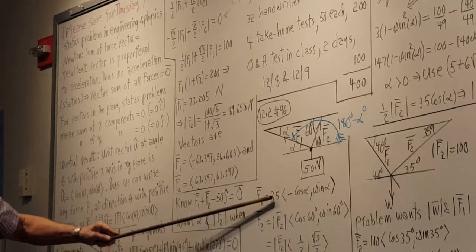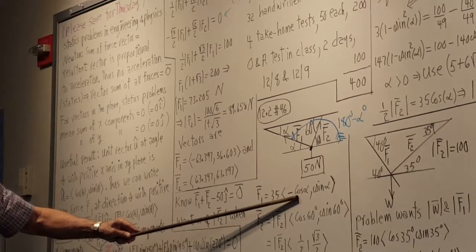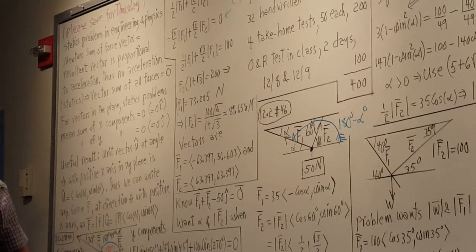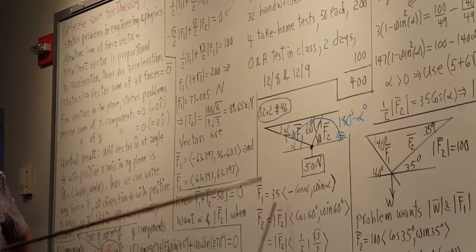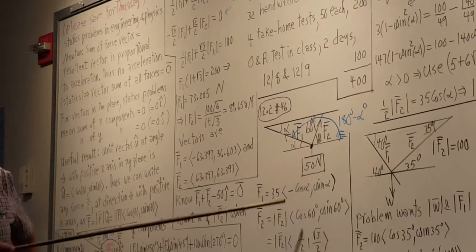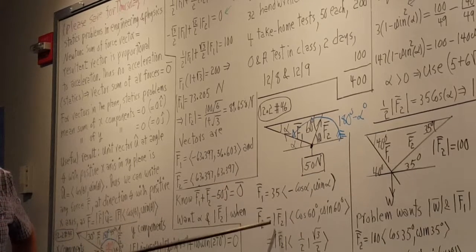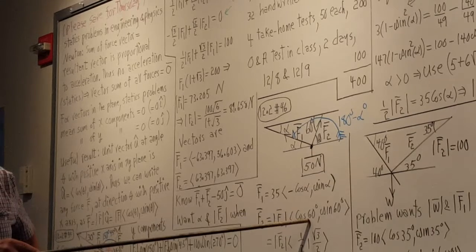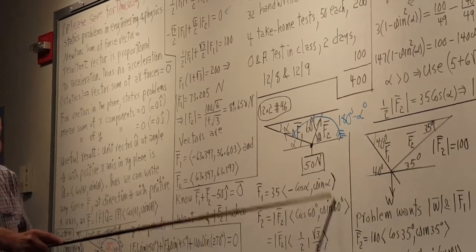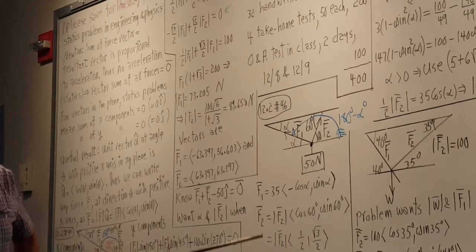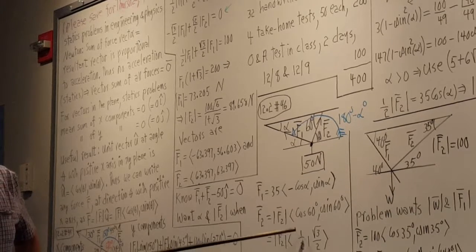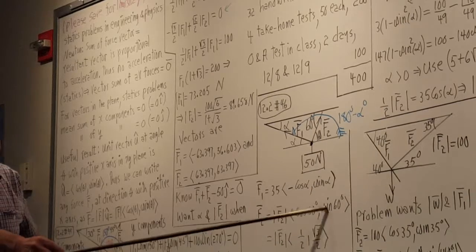So you have 35 times minus cosine alpha, comma, sine alpha. And with F2, you have an unknown magnitude, but you're told your angles are 60 degrees. So F2 is the unknown magnitude, then cosine 60, sine 60.